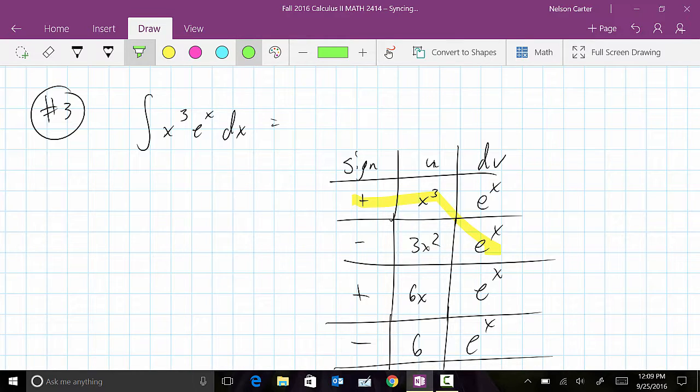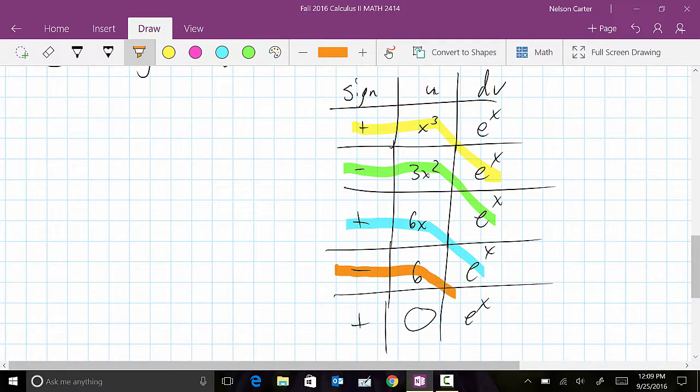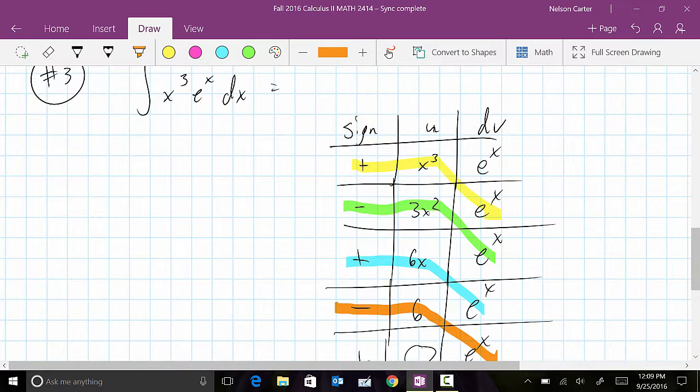Then you're going to get plus or minus, in this case minus this times this, plus this times this, and then minus this times this. So that's going to be the process, and then you're done.